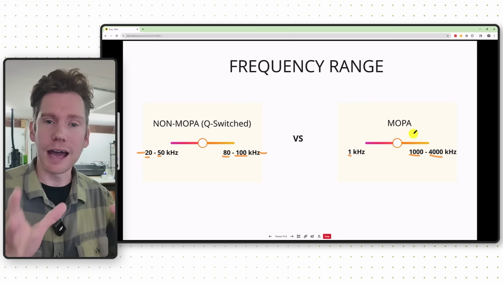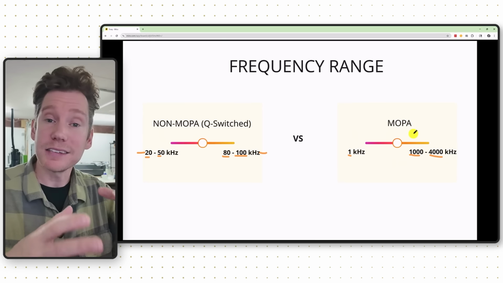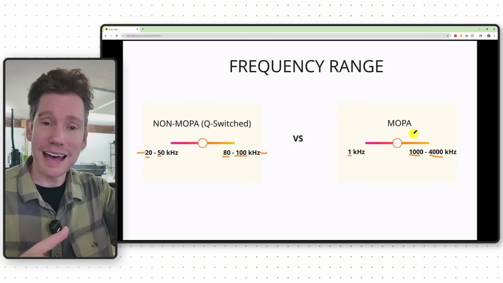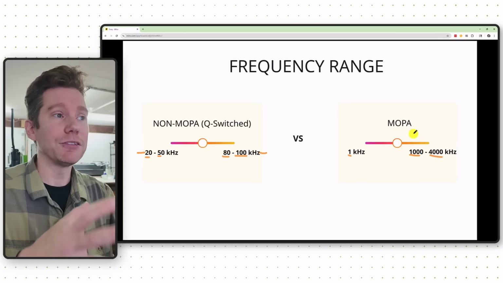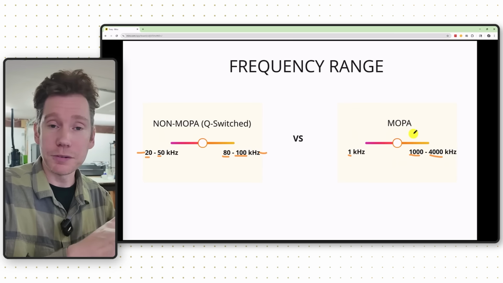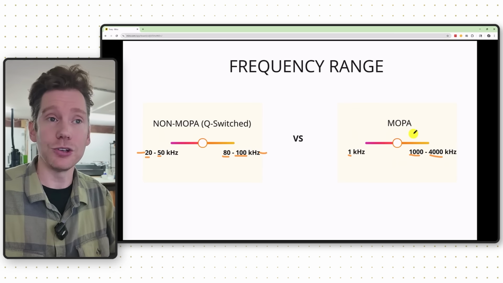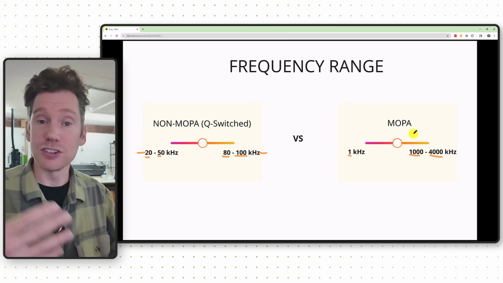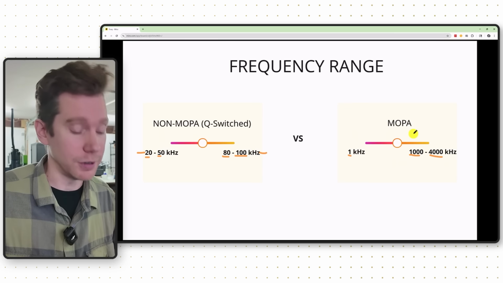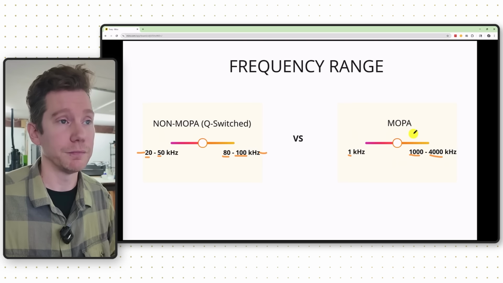So when we're figuring out what numbers we can put into that box, you really have to figure out first what type of laser you have and what range is available to you, and then from there we can start to test out different frequency values.